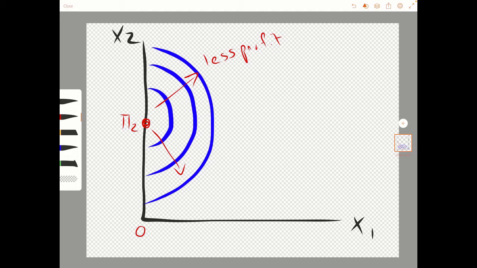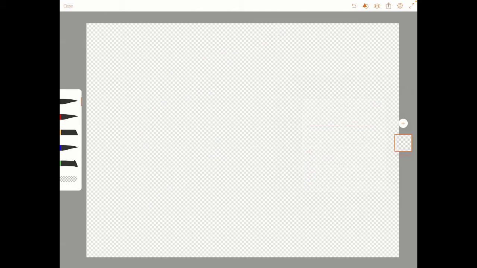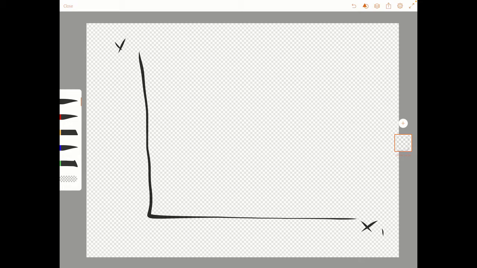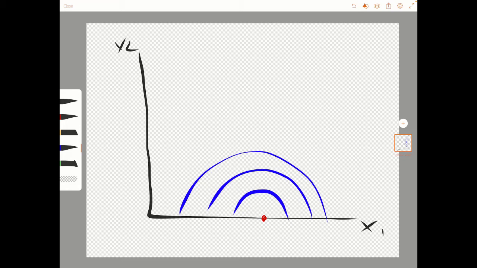Now we're going to use those isoprofit maps to help us to identify what's called a reaction function. So let's go back here to firm 1 and their isoprofit curves. So these are the isoprofit curves for firm 1.